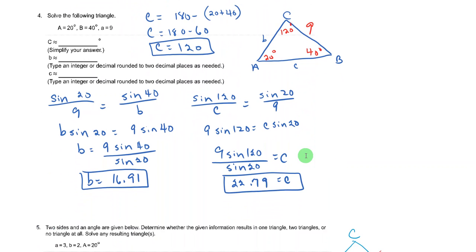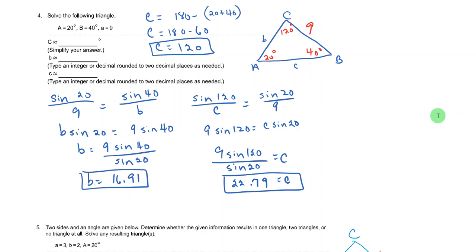Number four is the same thing. It didn't give you a triangle, so you do need to draw one. So A is 20, B is 40, side A is 9. Always remember that the side is opposite the angle that has the same letter. So 20, 40, 120, and then 9 goes here, and B goes there, C goes there.